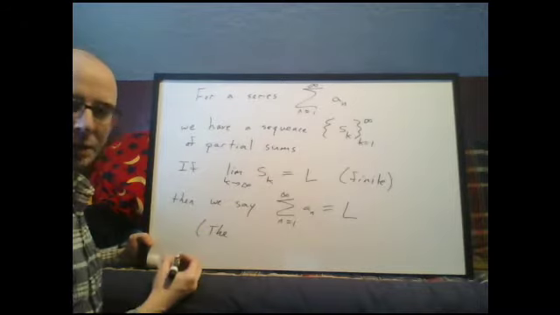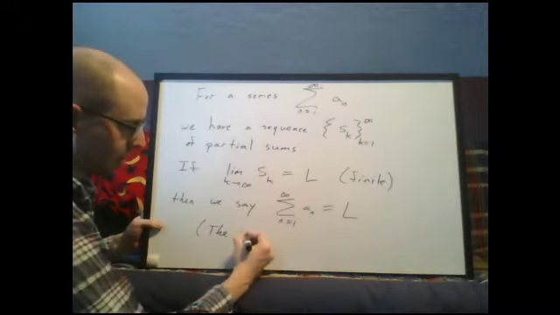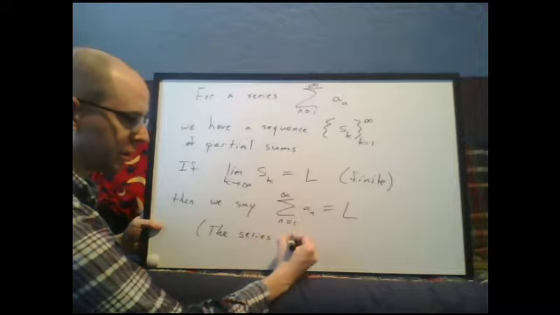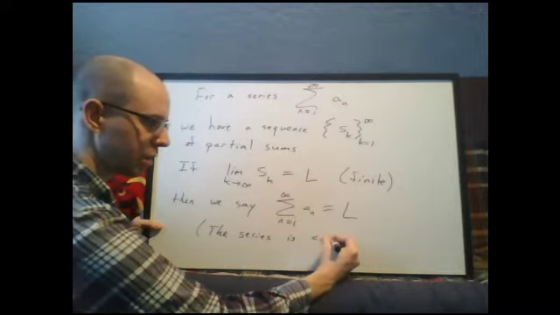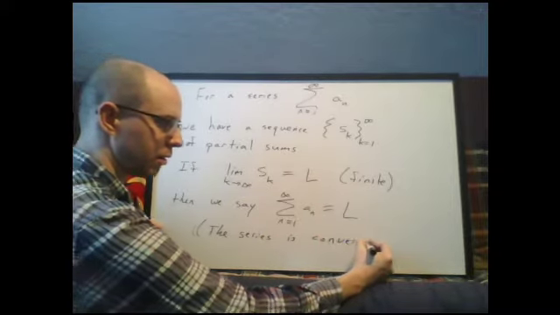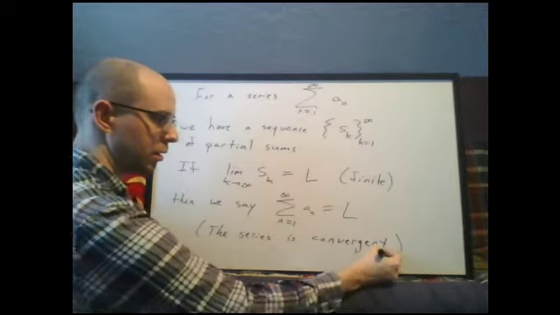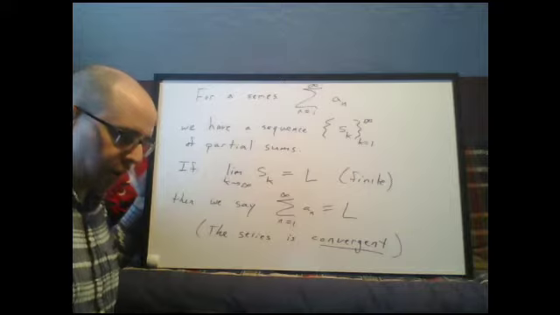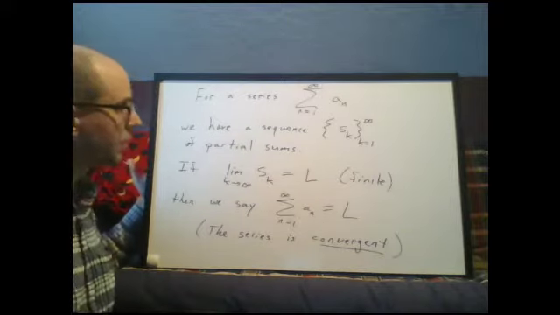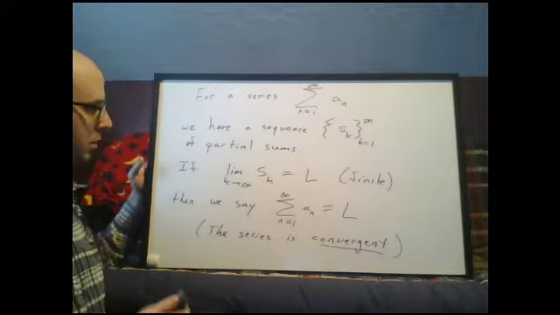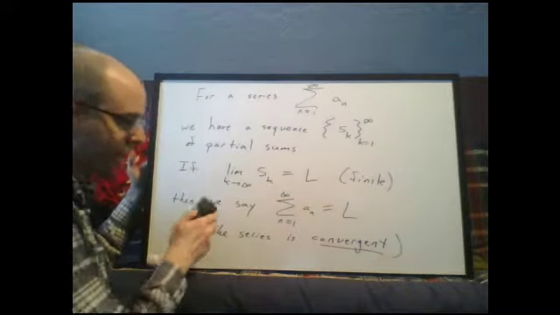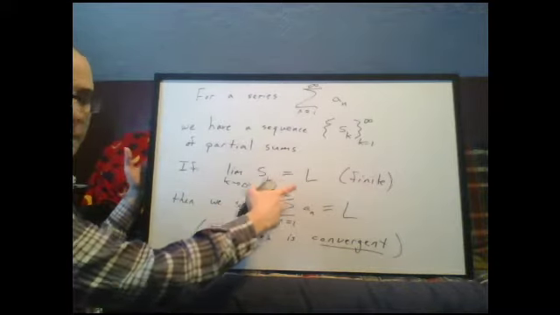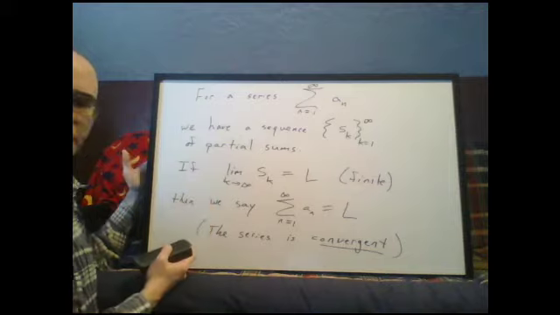Another bit of terminology: when this happens, the series is convergent. On the other hand, if this limit doesn't exist, so we always have this sequence of partial sums.